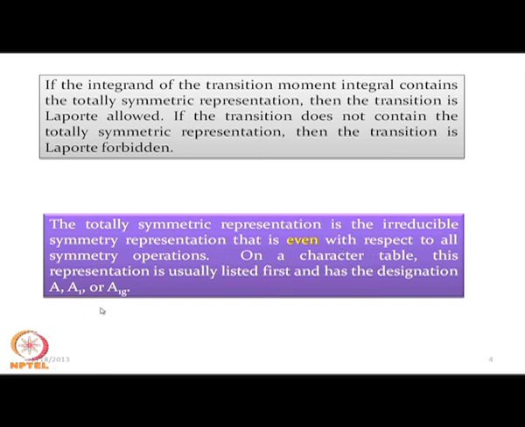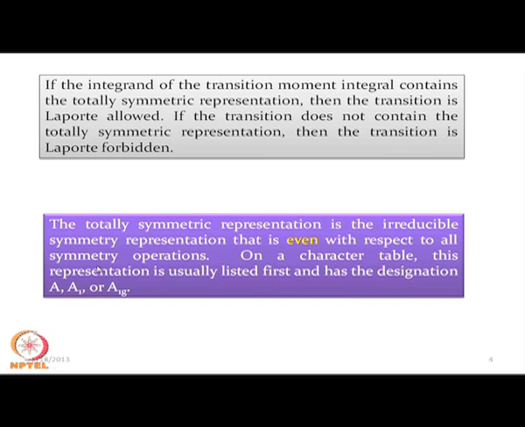That means some symmetry representation we can have from the character table of the corresponding symmetry group. In this particular case, if the metal complex we are considering is of Oh symmetry, then we perform some of the symmetry operations, and with respect to these operations, the irreducible symmetry representation should be even.